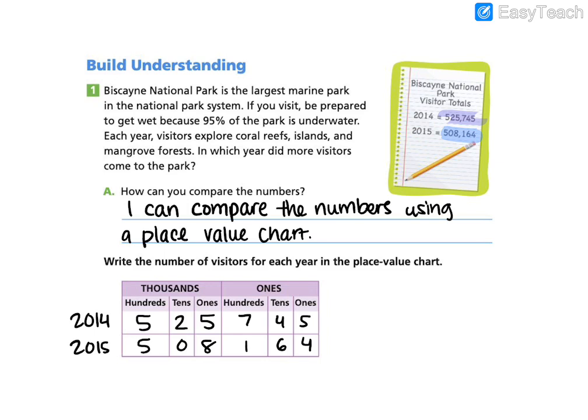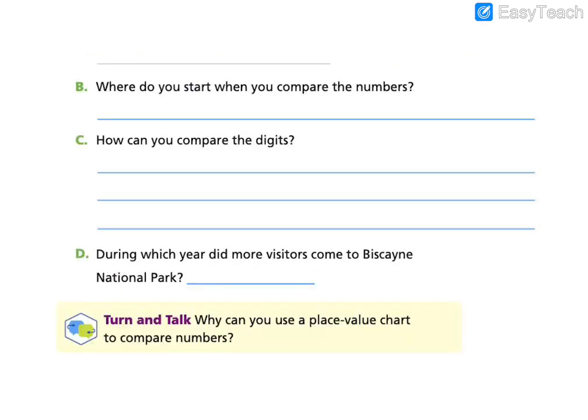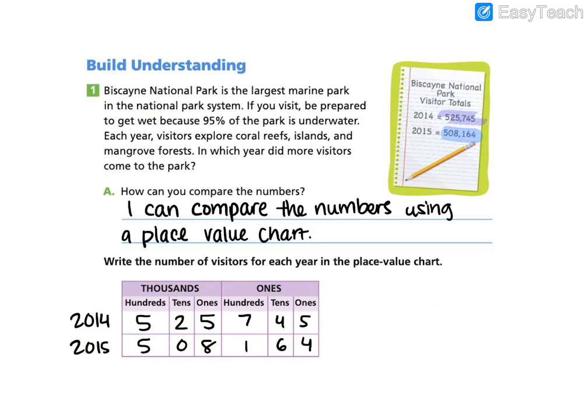Okay, so now we're going to go ahead and take a look at question B. Question B asks us, where do you start when you compare the numbers? What it's asking is, when we look at a place value chart, how do we compare with which digit? We're not going to start in the ones place, because if I look just at the ones place to make my comparison, this digit might be greater than this digit, but a digit further in the column might be greater.